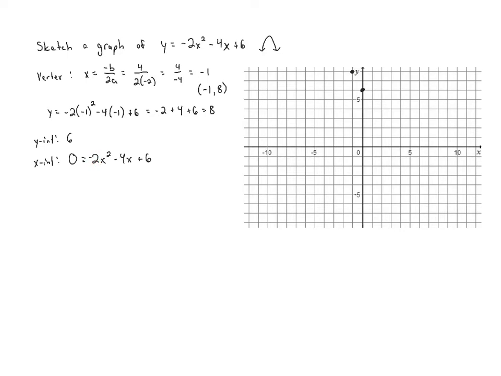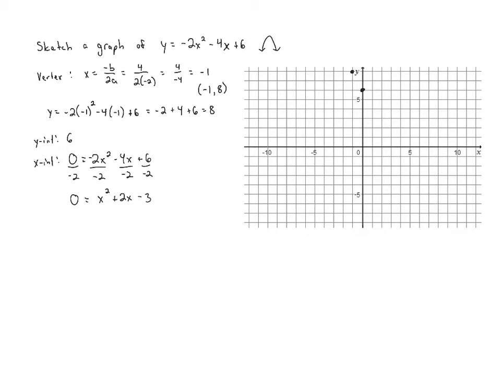Because if you notice, all of these are divisible by 2. And dividing both sides by negative 2 also gets rid of that negative sign. So let's do that. That leaves us with 0 equals x squared. Then we have plus 2x, because a negative divided by a negative is a positive.